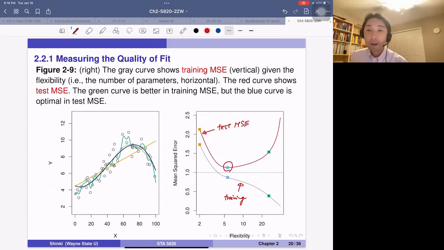Yeah, so it really depends on the data type. If we have just a random sample, such as 1,000 randomly selected patients, then just divide the data randomly. But sometimes that's not appropriate. Suppose that we have time series data from maybe 1900 to 2020. Then usually we use the first 90 years of data as training and the last 30 years as test.